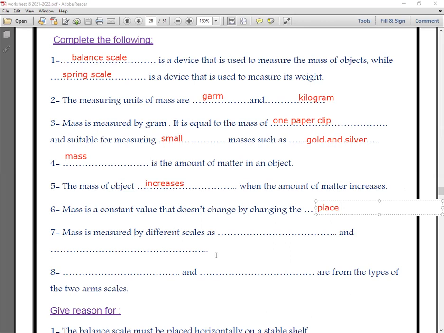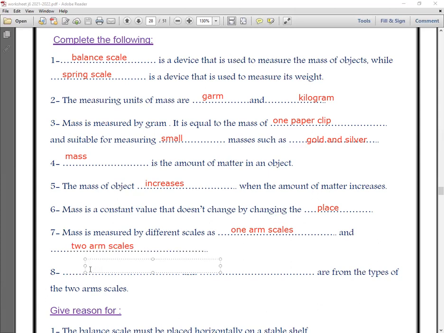Number 7, mass is measured by different scales. What are the types of scales? We have 2 types of scales: 1 arm scales and 2 arm scales. Number 8, what and what are from the types of 2 arm scales?